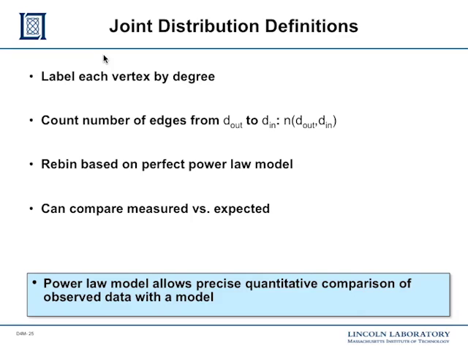We can then count the correlations. We can look at the distribution of how many edges there are from vertices of this degree to vertices of that degree. So it's a tool for projecting our data and understanding what's going on. And we can also rebin that data with a power law, which will make it more easily understood.